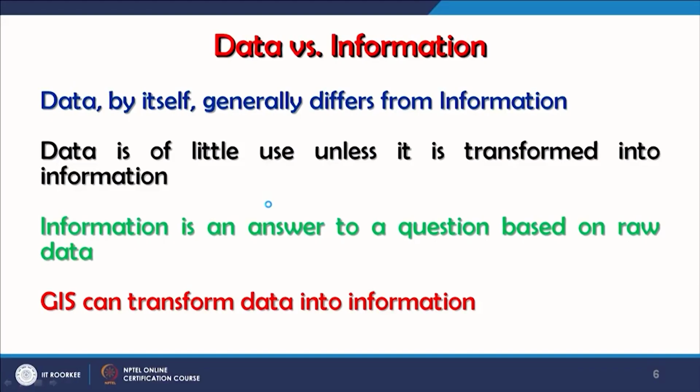Data in the hierarchy is at the lowest level, which is nothing but raw facts. Data has to be transformed through analysis into information, and information is an answer to a question based on raw data. After processing, some questions can be answered. That's another advantage.